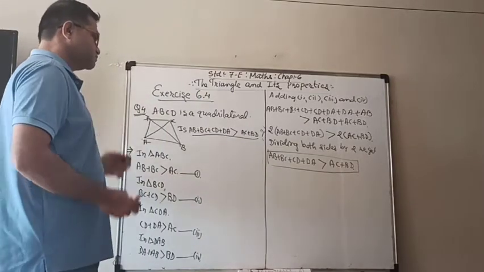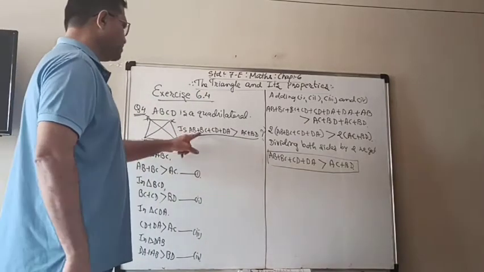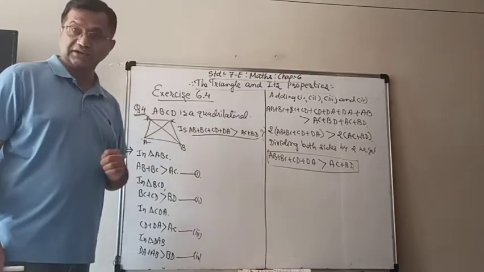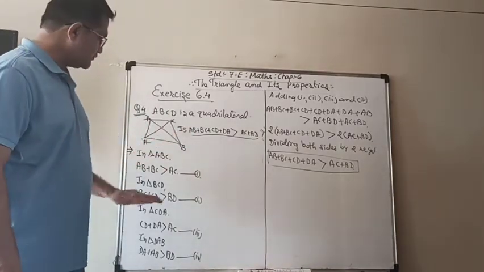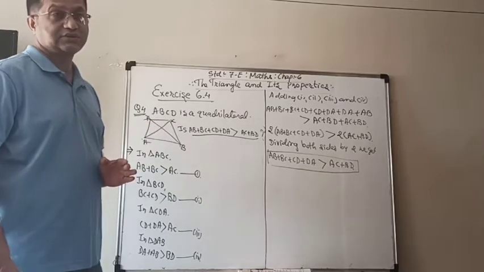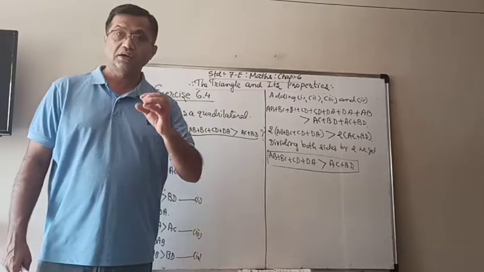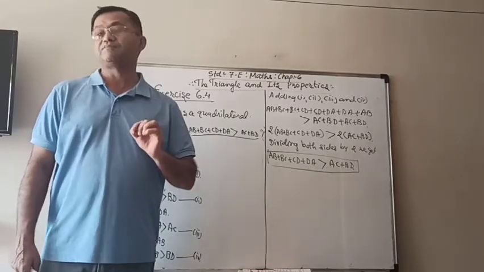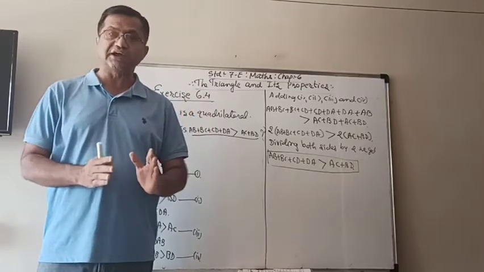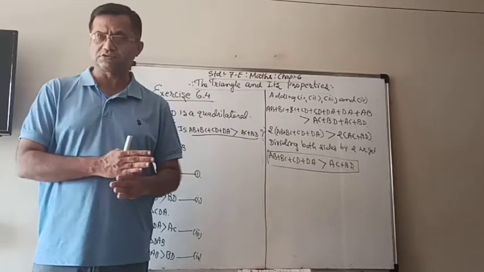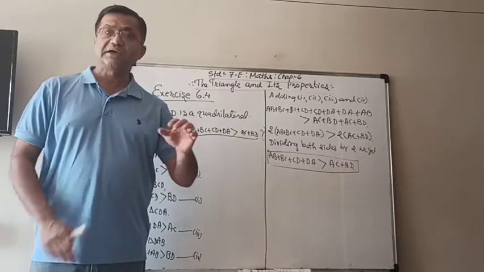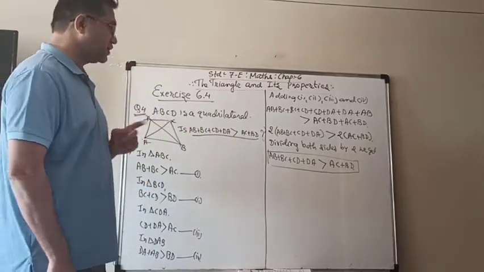So here, to check it, we have to take 4 triangles and we take the results according to what we learned, that the sum of any 2 sides of a triangle is greater than the third side.